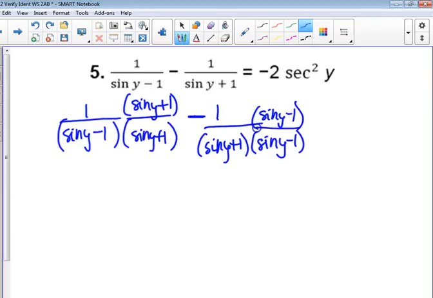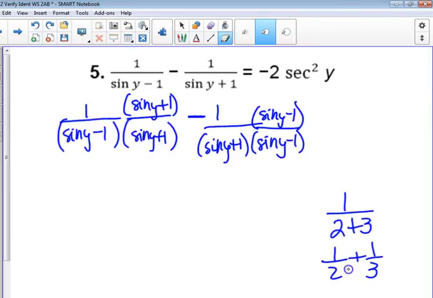You cannot separate anything when it has a sum in the denominator. If you had 1 over 2 plus 3, it is not the same as 1/2 plus 1/3. Okay? Everybody clear on that? Unfortunately, right?